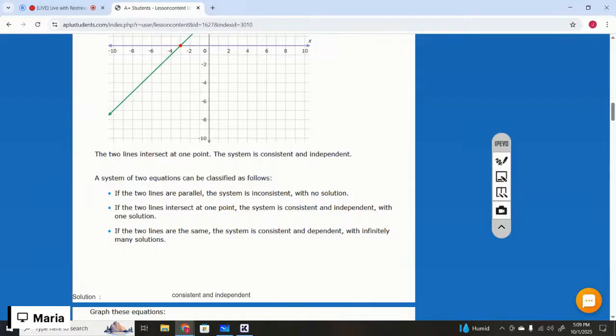If the two lines are the same, the system is consistent and dependent with infinitely many solutions.